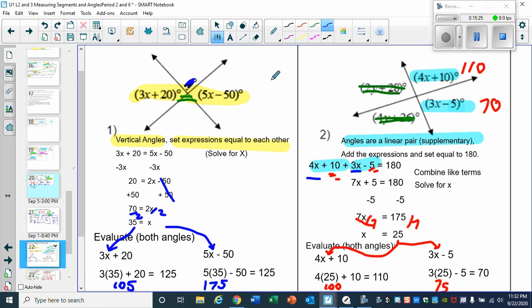And I forgot to mention earlier, 125. Now, once you know one angle, you're going to get the other one. So this is 125, but the whole thing from here to here is 180.